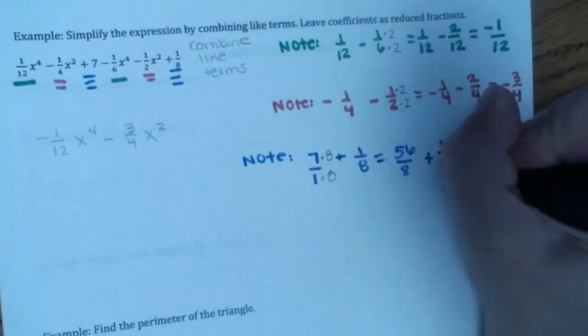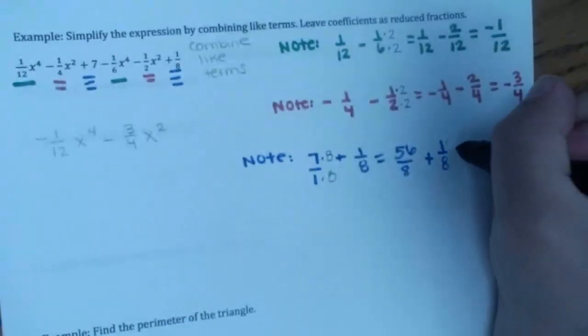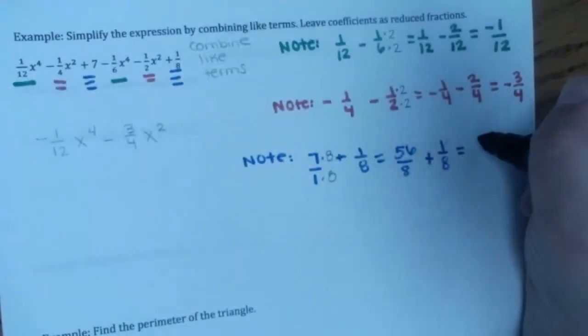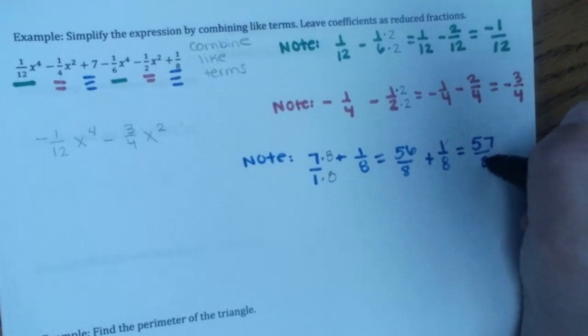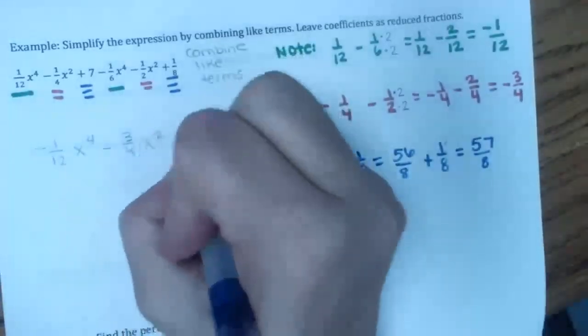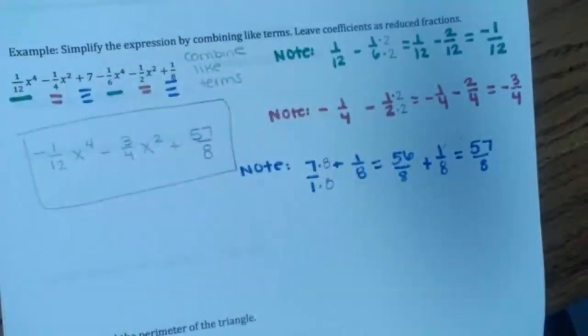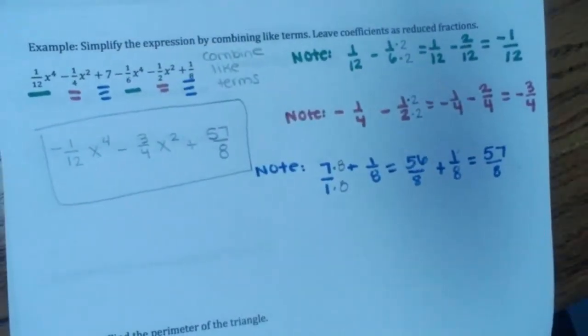We're just making it like terms. So 56 over 8 plus 1 over 8. 56 eighths plus 1/8 would give us 57 eighths. So plus 57 over 8. We combine our like terms, so we're done. So negative 1/12 x to the fourth minus 3/4 x squared plus 57 over 8.